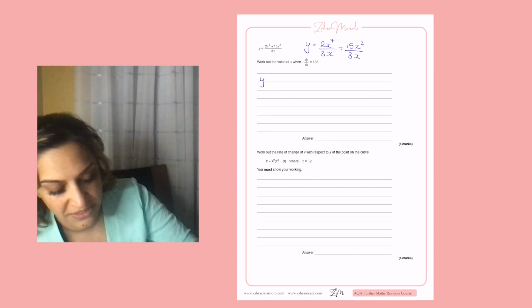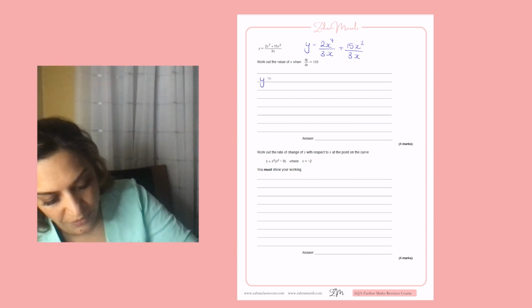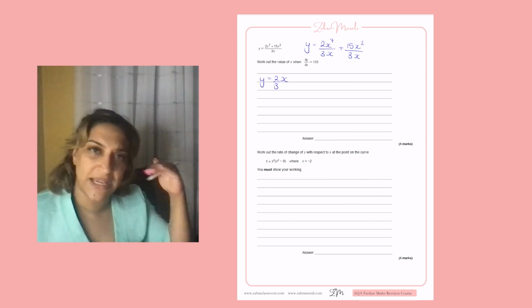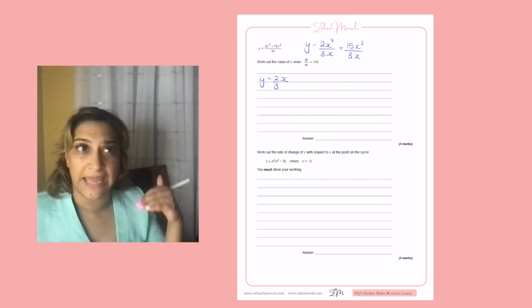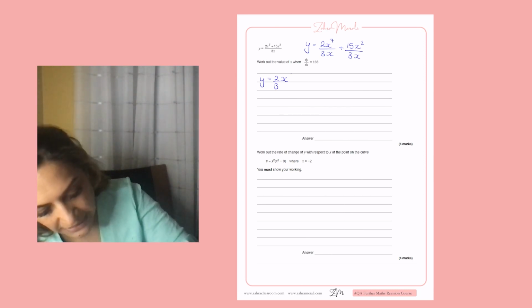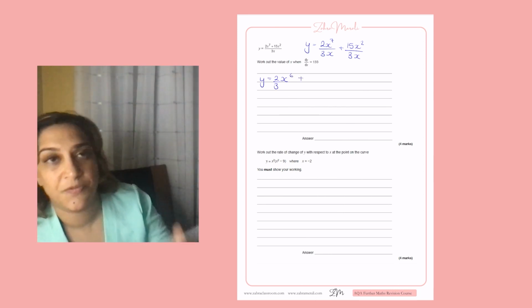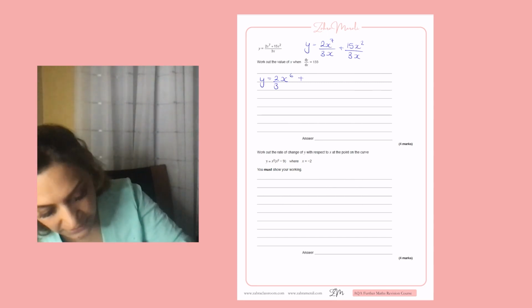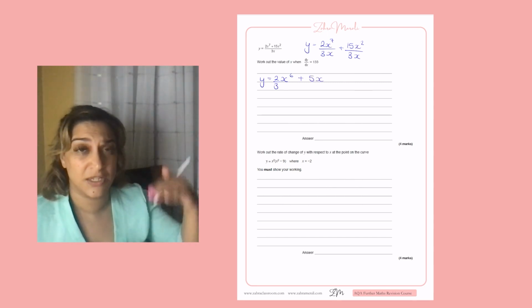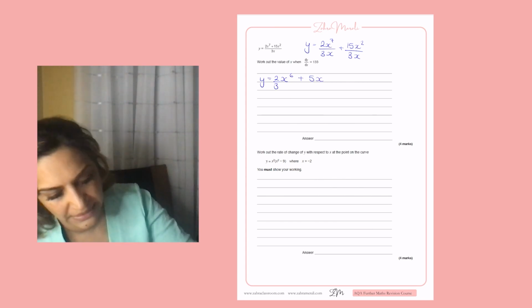If we take the first bit, we get 2 over 3, and we can cancel down. So we've got x to the 7 divided by x. Now remember, when we divide indices, we're taking away. So we get x to the 6. 15 divided by 3 gives us 5. And then x squared divided by x, 2 take away 1, is x.